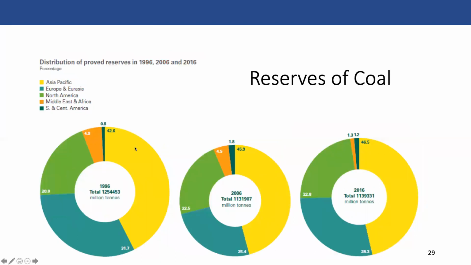Most of the resources are not in the Middle East for reserves of coal. The US, Europe, and Asia have most of the reserves of coal, and actually the United States and Australia probably have the best quality of coal.